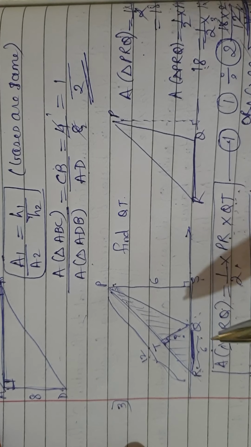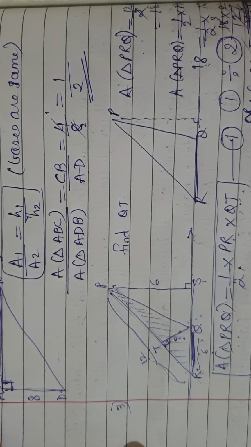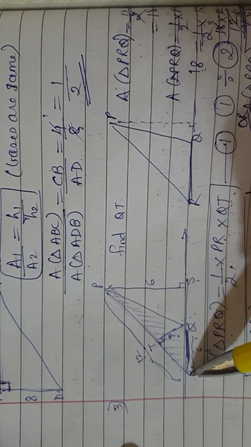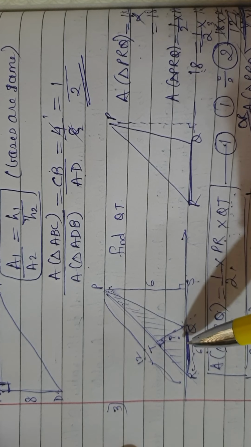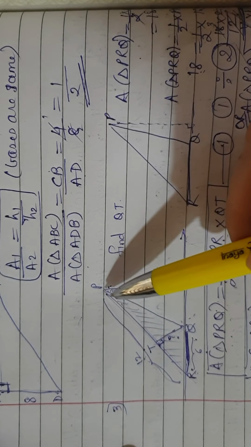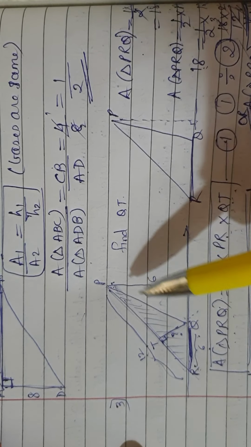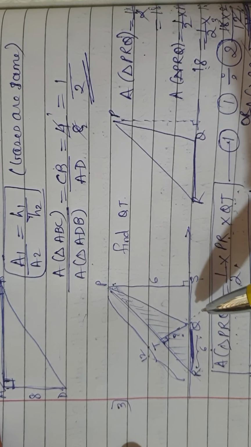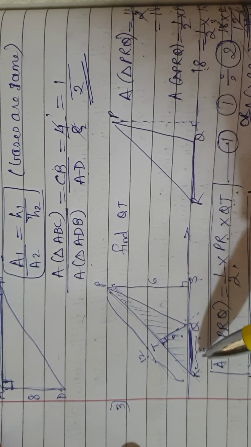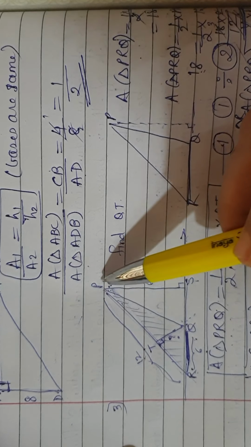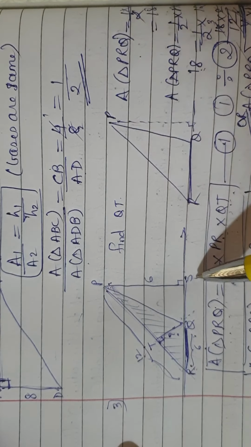Moving to the third sum. Now in the third sum, just be careful and look at the triangle which I've shaded. We're looking at triangle PQR. If you catch it properly, PR is the base and QT is the height. But when you hold it upright as we have held it right now, I can again see for triangle PRQ, which is an obtuse angle triangle, RQ is the base and PS is the height.